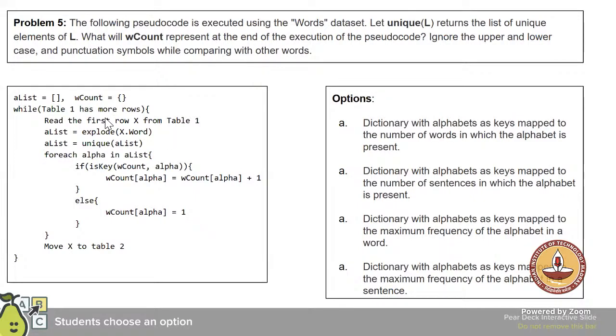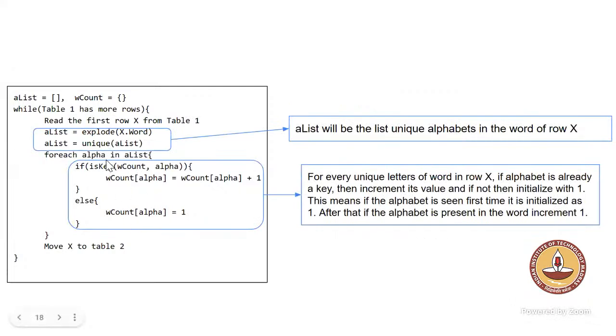Oh, yes. Because W count is a dictionary, we are updating it here itself. Every time A list is changing for every word. But W count is just a dictionary, while A list is changing every time. We do the explode function on the particular word and we will get a new list every time.